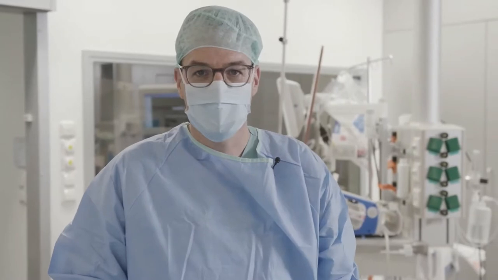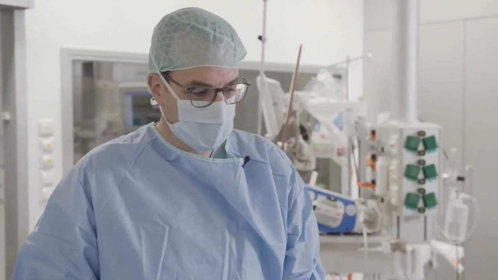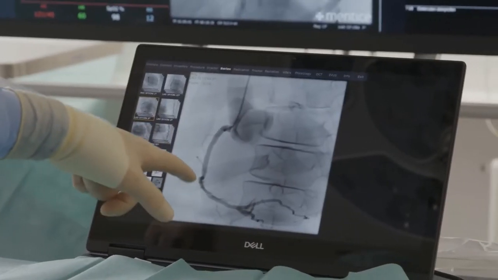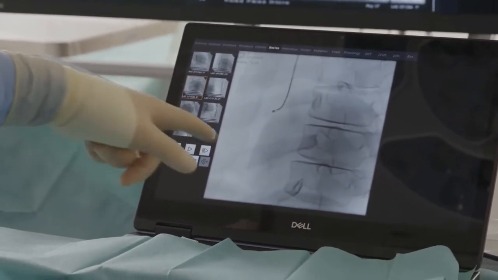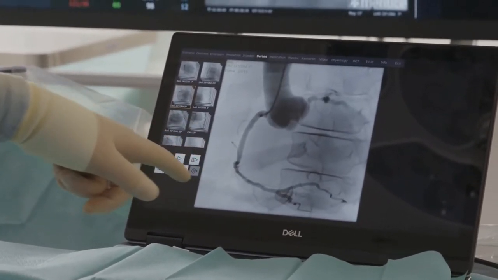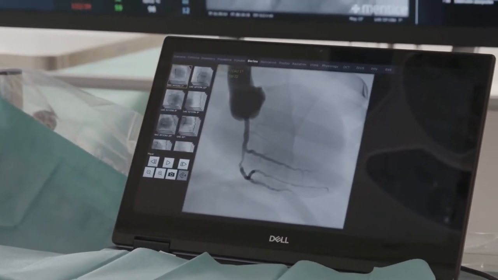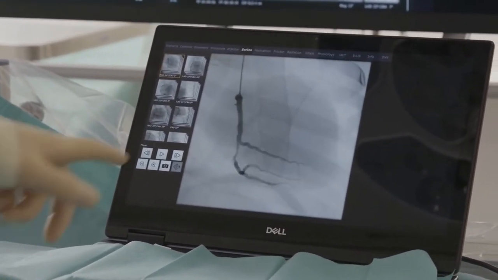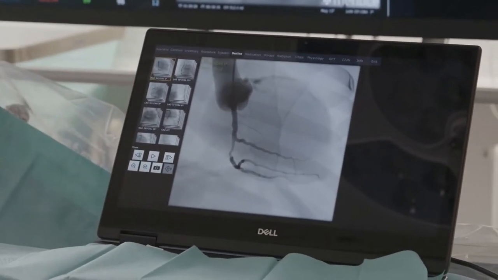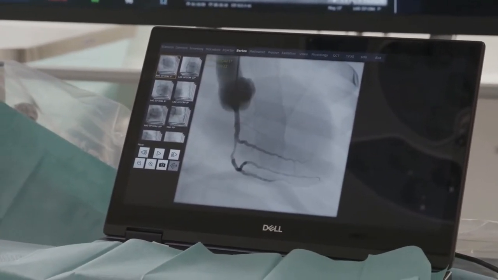So you can here see the right coronary artery, which shows this intermediate stenosis in the left anterior oblique. We did also the cranial view. Here you can see nicely the affected mid part of the right coronary artery, showing an intermediate stenosis.